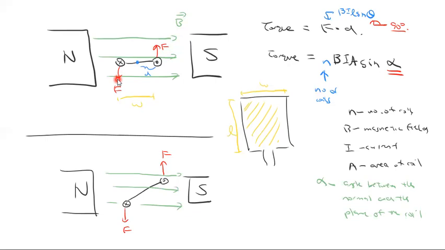But the torque will actually change because this plane, well, so this is the normal. And so this angle here would be alpha. The angle between the plane and the normal, oops, wrong one.